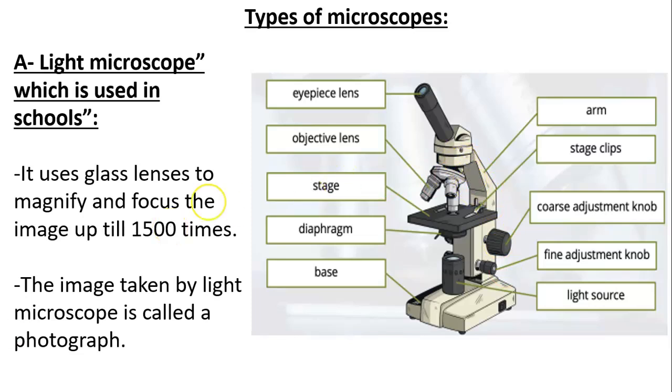The lenses of the light microscope can make you see the image 1,500 times bigger than its original size. And this is what we call magnification and focus. Also, the image taken by the light microscope is called the photograph.